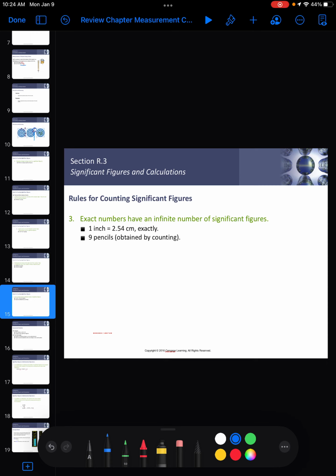Exact numbers have an infinite number of significant figures. For example, if I count to 9, that is 9.000000 if it's 9. So it's infinite. There are some conversions that are perfect. For example, 1 inch equals 2.54 centimeters.